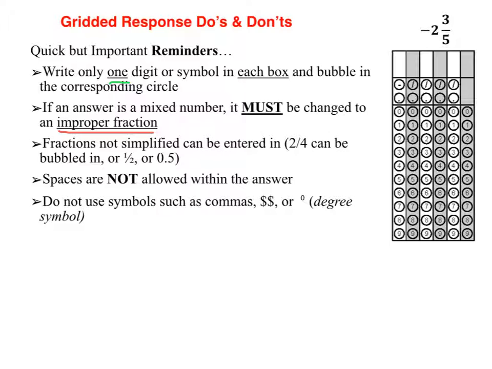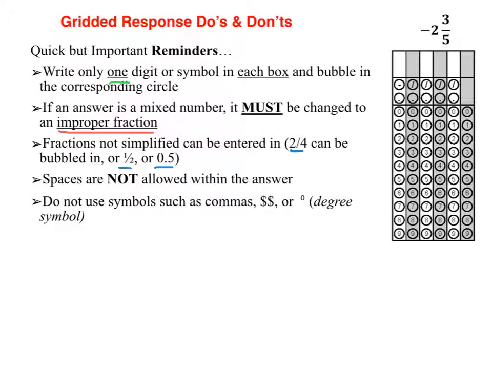Fractions that are not simplified can be entered. So if you get an answer of 2/4, you can write 2/4 in the grid, but you can also write 1/2 or 0.5. All three answers are acceptable. You cannot put spaces within your answer in the grid. And don't use any symbols such as commas, money signs, or the degree symbol.